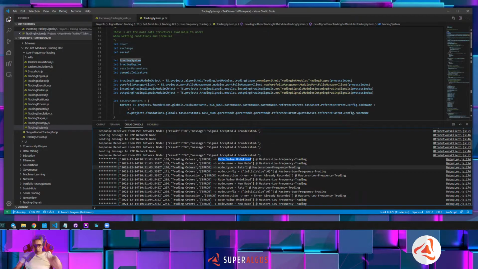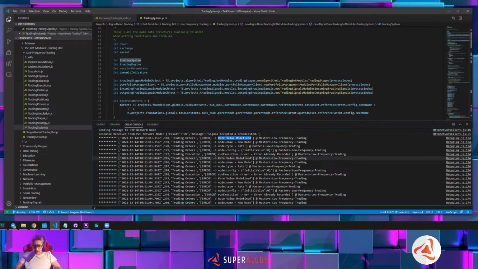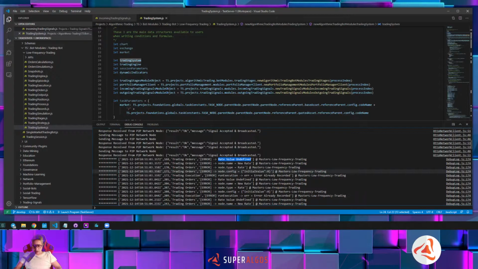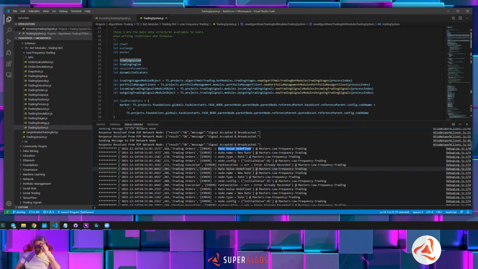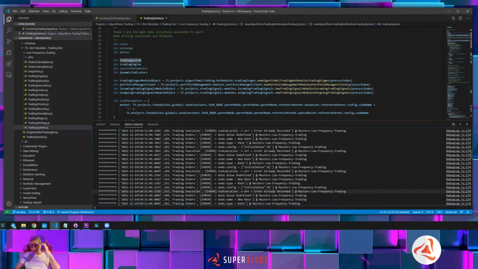This is a case in which a strategy is running and producing errors at every cycle. We are running a strategy through 1 day on candles of 1 minute, so it means that it will run 1,000 times.